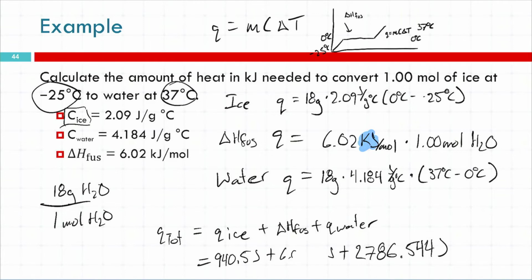This should be 6.02 times 10 to the 3. Three significant figures there. We also have three decimal places and 1 decimal place, so we're going to use 1 decimal place because we're adding. When you add or subtract, use the number of decimal places.